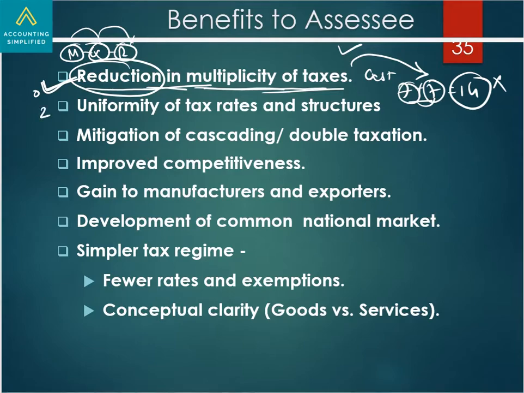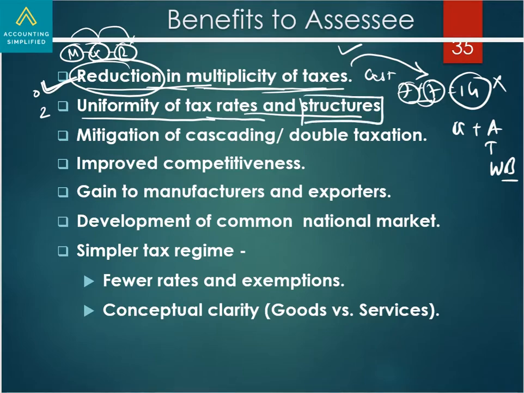The second advantage is uniformity of tax rate and structure. It means that if you learn the tax rates in Gujarat, automatically you learn the tax rates of Assam, Tamil Nadu, West Bengal, right? Across the country the tax rates are the same and the structures are also the same.